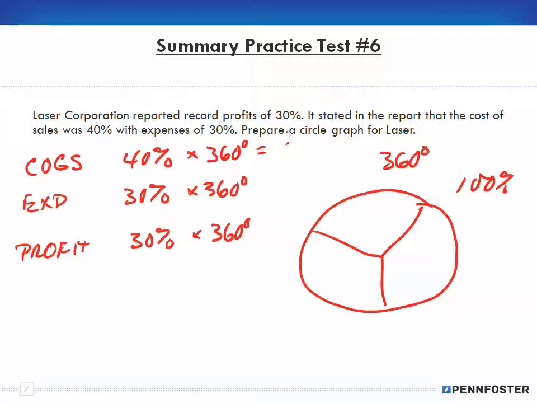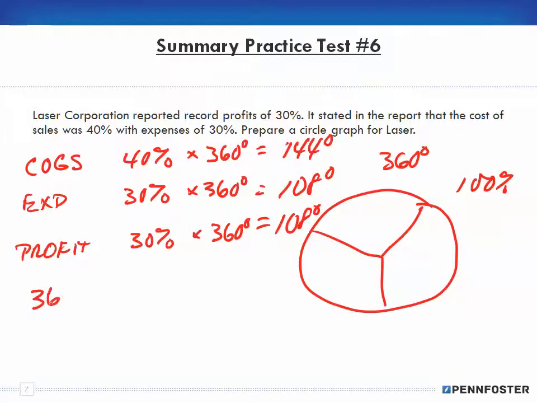So 40% times 360 degrees is 144 degrees. I could do this either of two ways. I could take 30% times the 360 and I get 108, which is probably the way I would do it. And of course, that one's going to be 108 also.